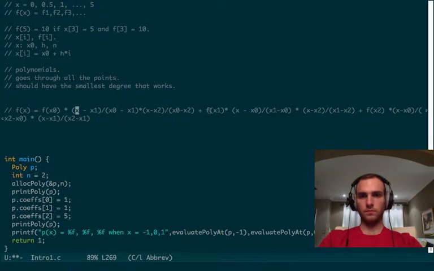So the polynomial you get is at most the number of points minus 1 in degree. That's the degree of the polynomial at maximum. And then you sum it all up, and it's always going to be the smallest polynomial.